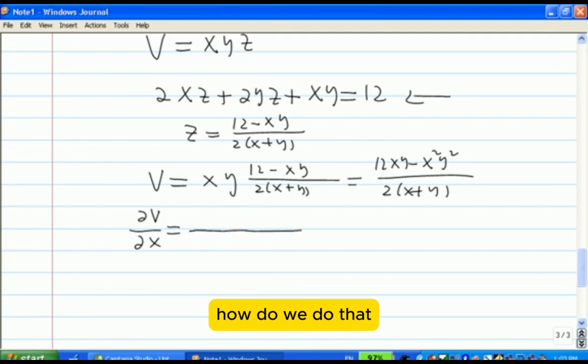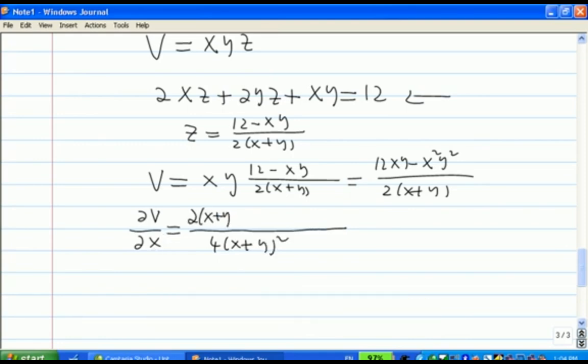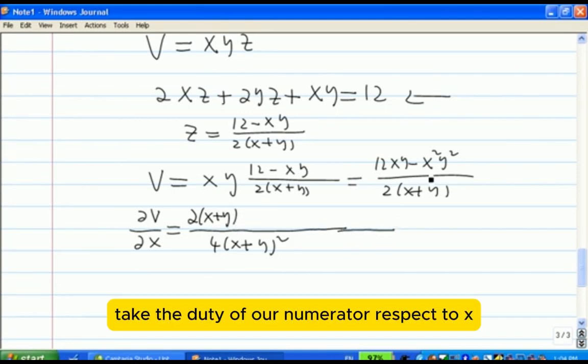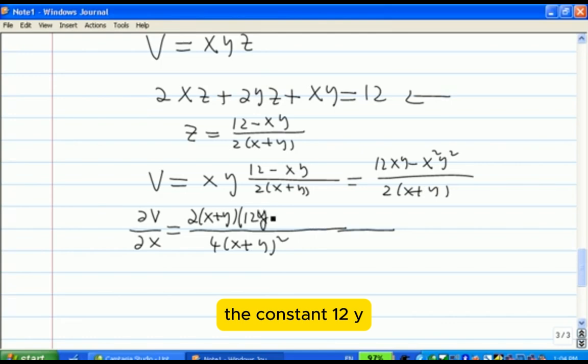Now let's find the partial with respect to x. How do we do that? Using the quotient rule. So denominator squared, then put your denominator here. Take the derivative of the numerator with respect to x, treating y as a constant. You got 12y minus 2xy squared.